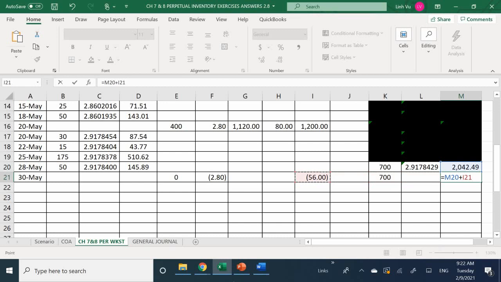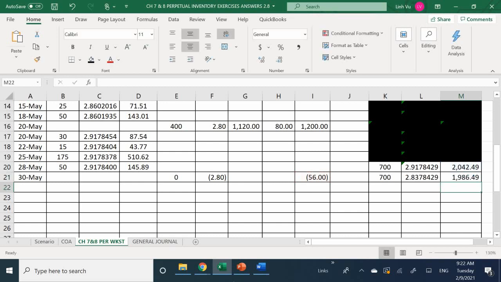What is my new total cost? 2036.49. That's not correct. 2042 minus 56 should not be 2036.49. 1986.49.